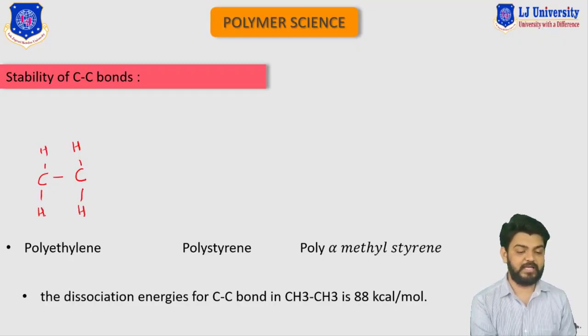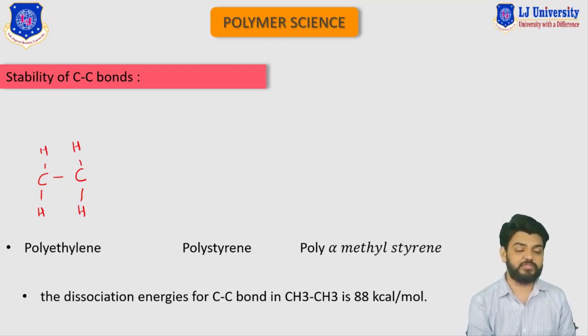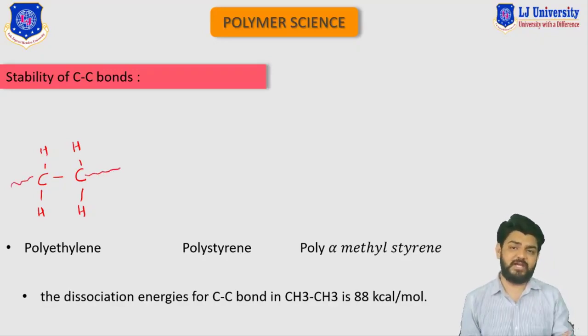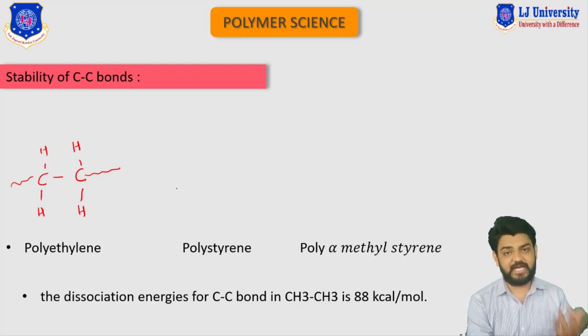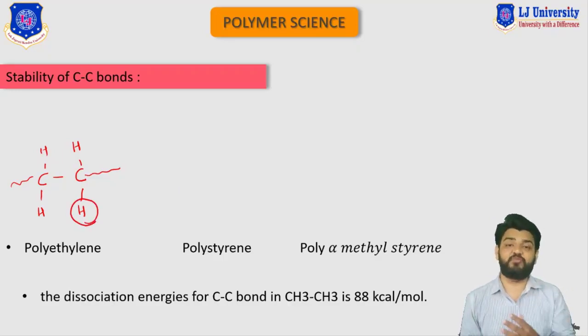Again, I am repeating that for the sake of understanding, I am representing only two carbons, but in fact polyethylene has n number of such carbons, so it will have a long polymer chain. For understanding, I am representing only two units of every substance. Now, what is polystyrene? Polystyrene is basically the same kind of compound, but instead of this hydrogen, we will now have C6H5.